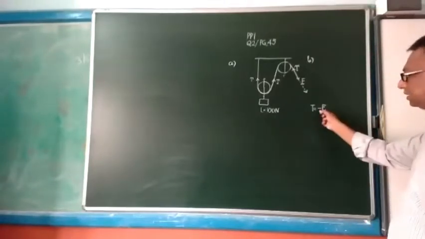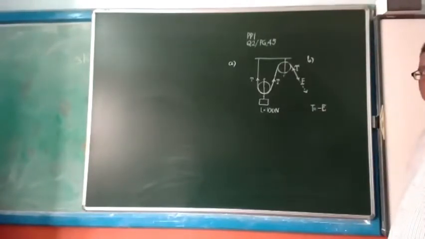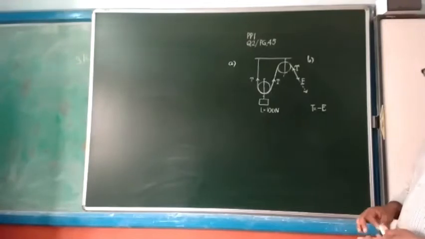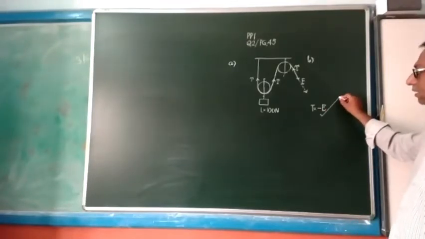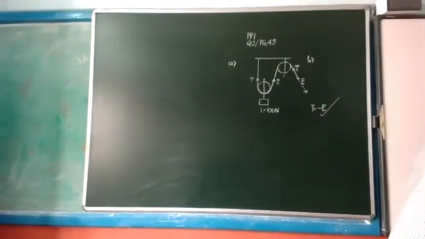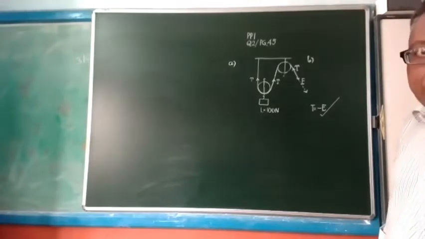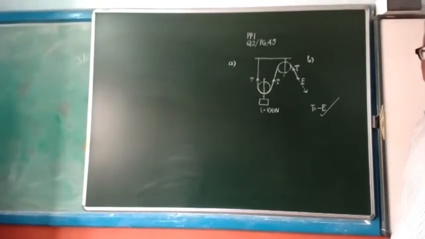That's why the minus sign is written here. So this is the relation. In the book it is written that T equal to E as well as T equal to minus E, or E equal to minus T, E equal to T.